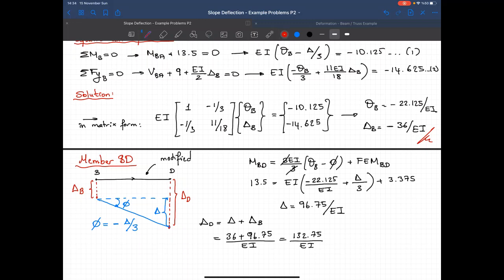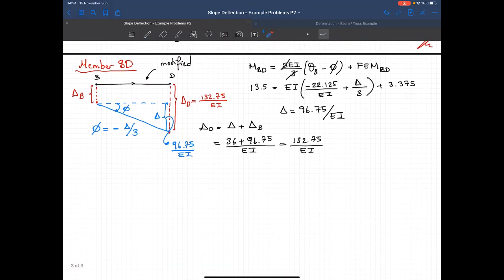So that's our total deflection. This is 132.75 over EI, and this distance is 96.75 over EI.